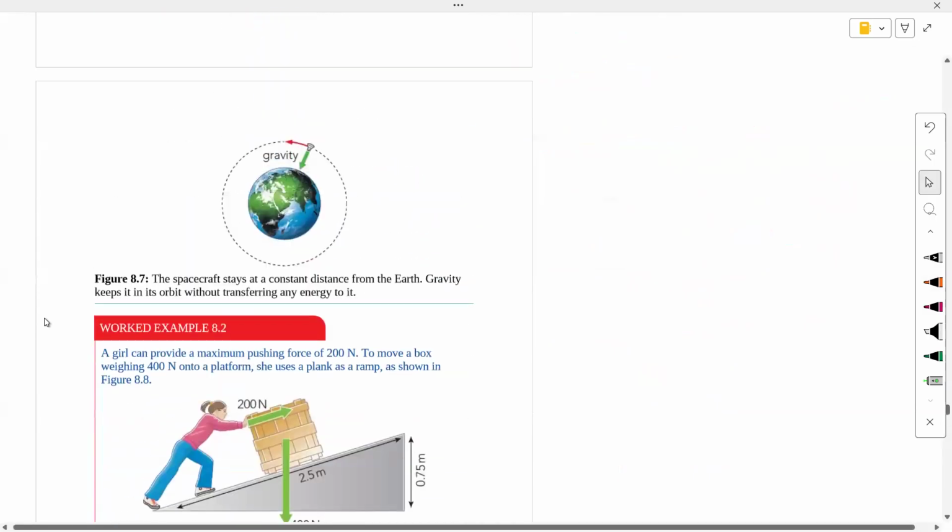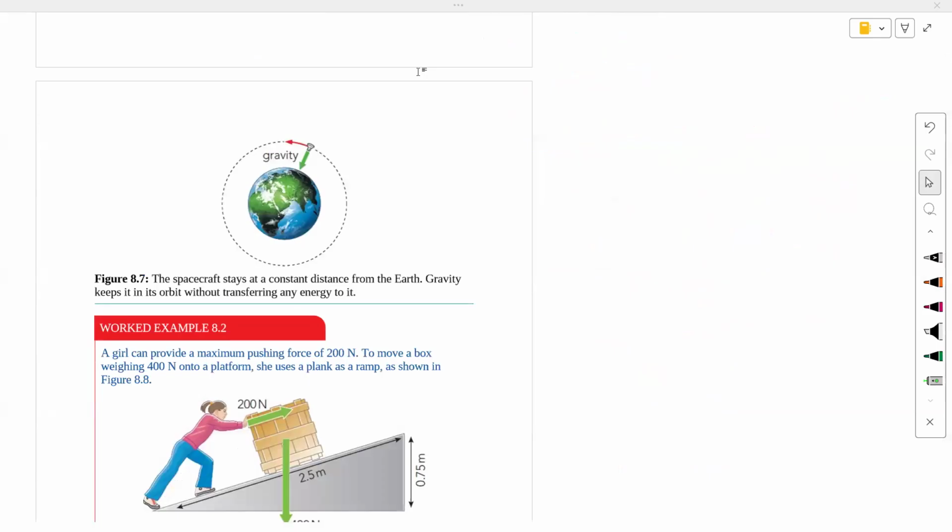In this example, do we have any work done? Is there any work being done here? How would you justify that? I'm not asking about the power. Work done, yes? Everyone thinks yes.